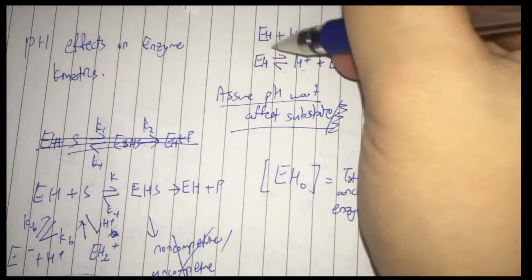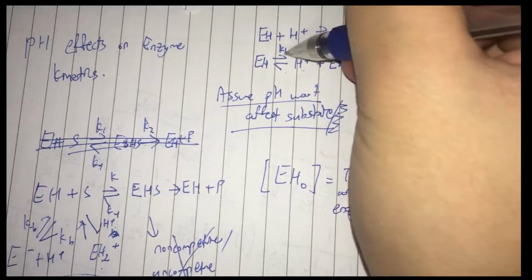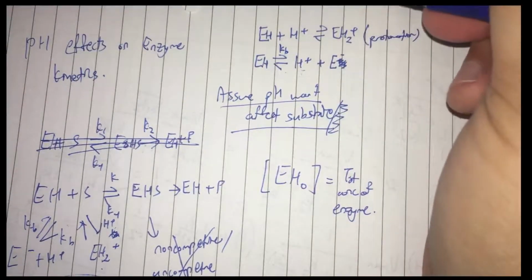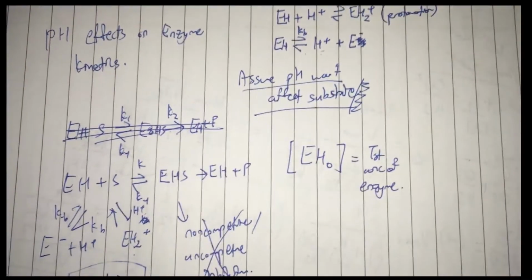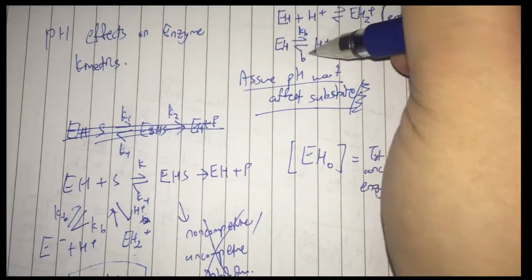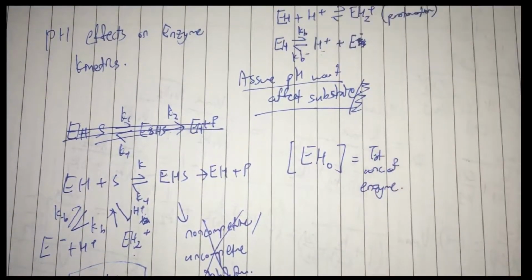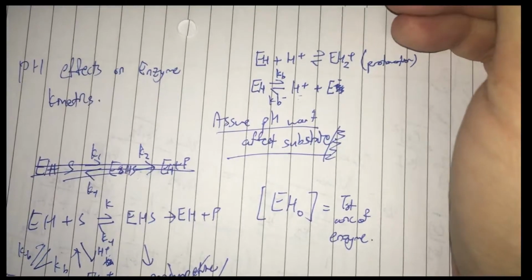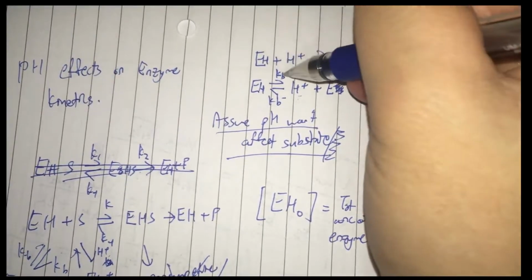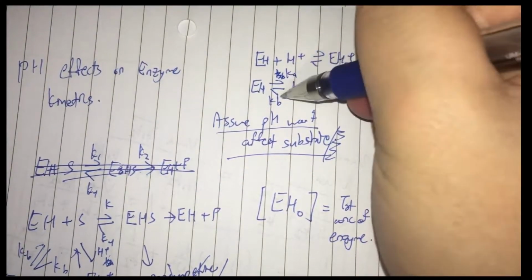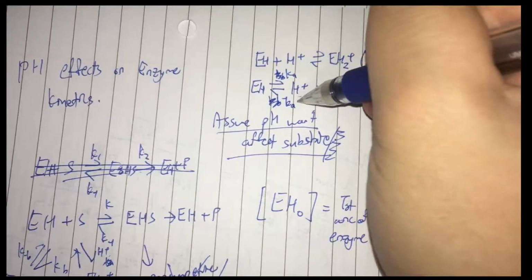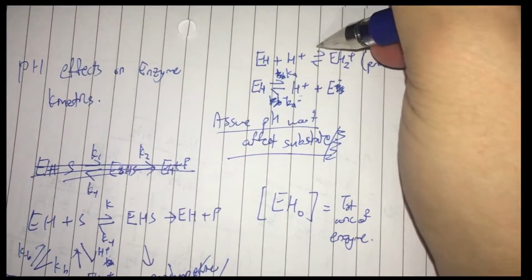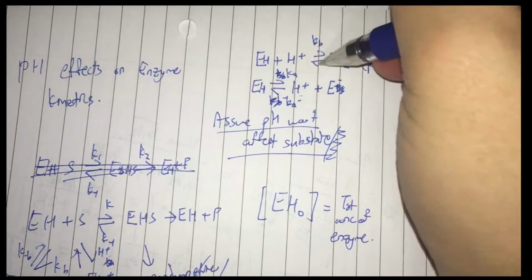Now I'll write it here. So you have Kb going forward, because this is where the basic one is happening. Oh wait, rather no, I should just call it Ka, because this is acting as an acid, and this is where it acts as a base.